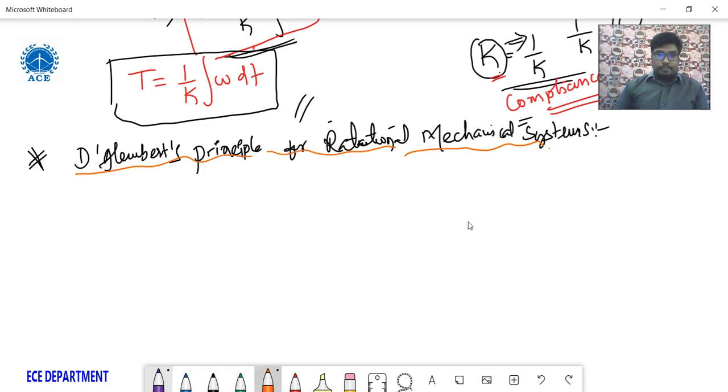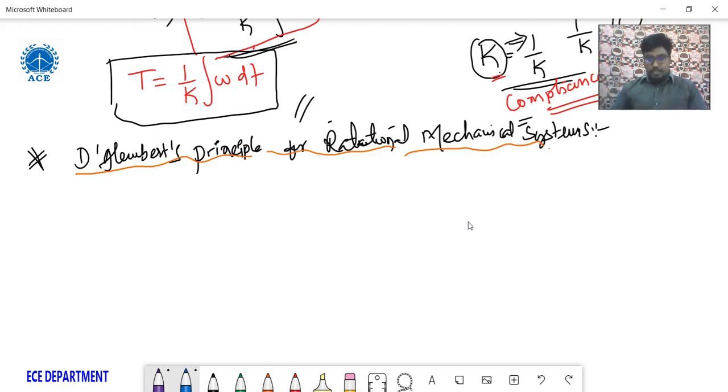Already we know that in a translational mechanical system we discussed D'Alembert principle. Here also we are applying the same principle. D'Alembert principle says that the sum of externally applied torques is equal to the sum of the opposing torques, or for any body the algebraic sum of externally applied torques and opposing torques at any instant is 0.